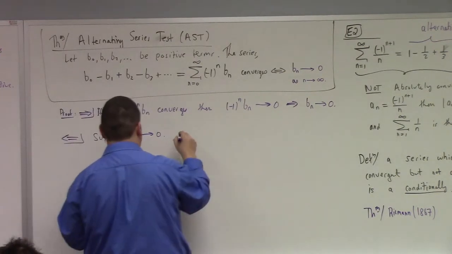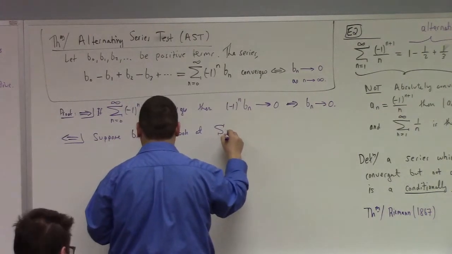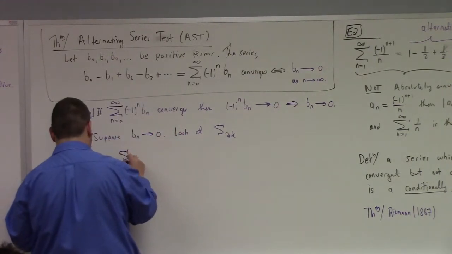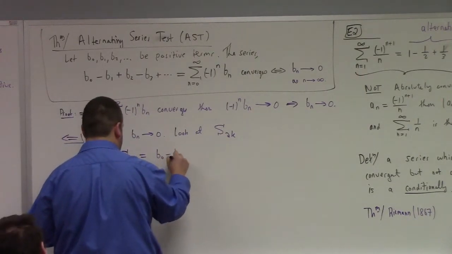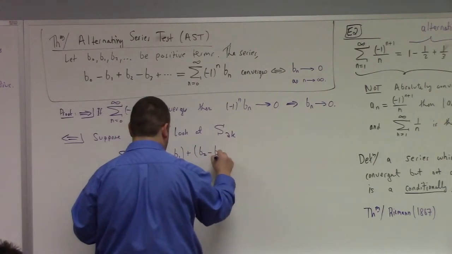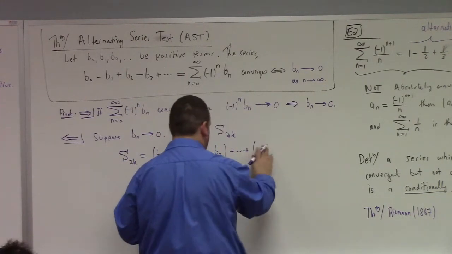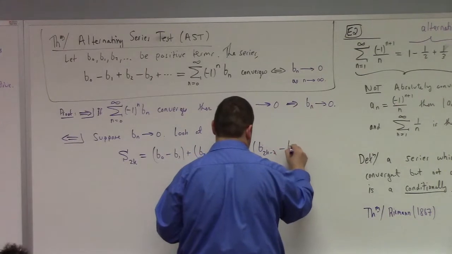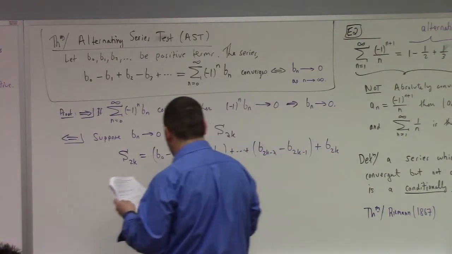And he says, look at S sub 2k. If we look at the even partial sum, S sub 2k, that would be equal to b0 minus b1 plus b2 minus b3 plus, and so on, up to b sub 2k minus 2 minus b sub 2k minus 1 plus b sub 2k.